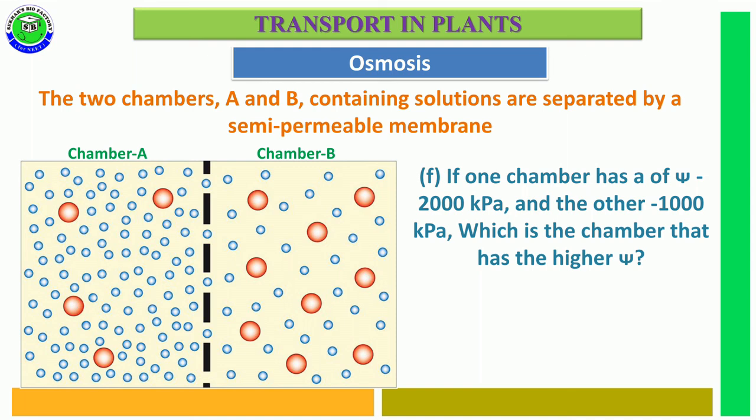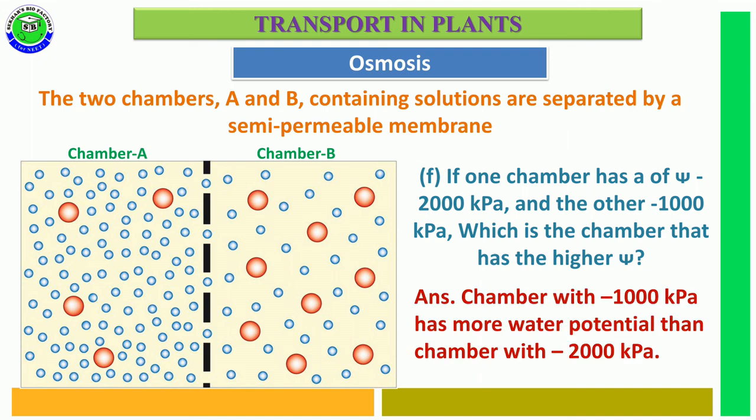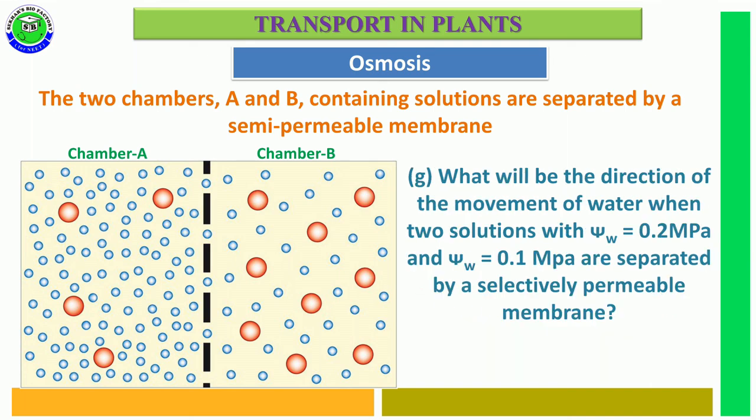The next question, if one chamber has a water potential of minus 2000 kPa and the other chamber has minus 1000 kPa, which chamber has higher water potential? So the chamber with minus 1000 kPa has more water potential than chamber B with minus 2000 kilopascals.